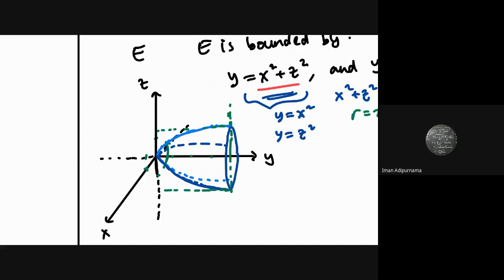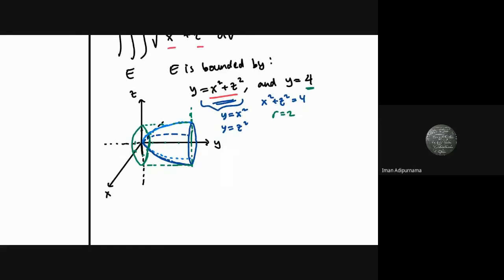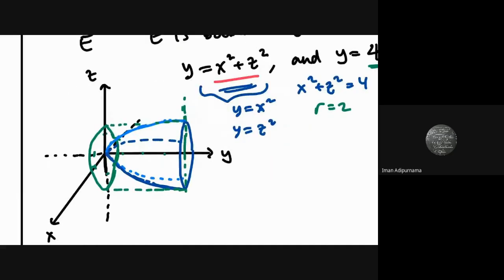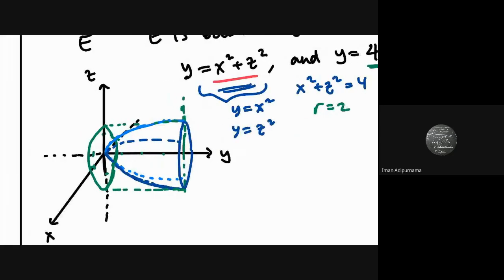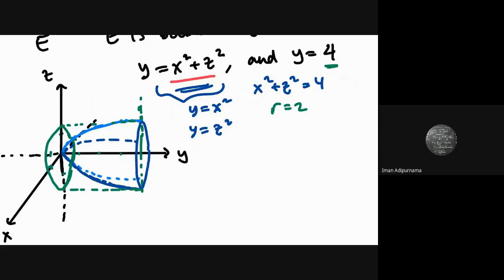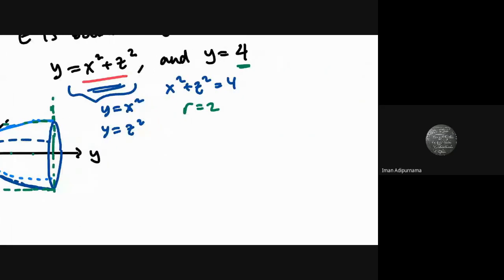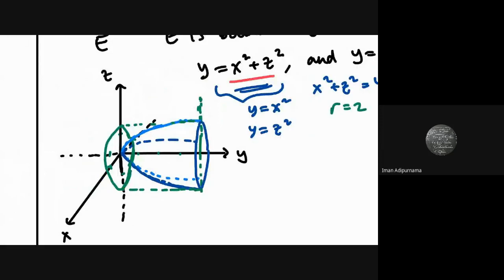Okay, let's say this is the circle. Should be the same. Okay, I hope you get the idea. So this is the paraboloid that we already drew. You have x squared plus z squared, the paraboloid, and y equal 4, which is here.